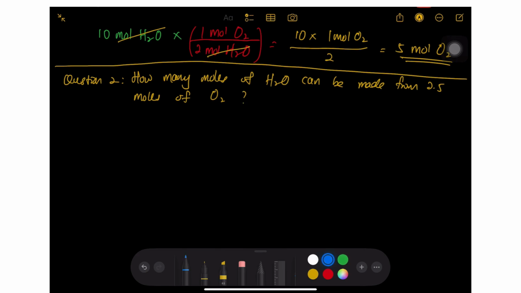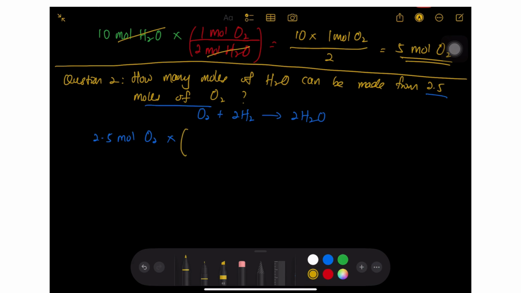So in this case, I will rewrite the balanced stoichiometric equation, which is O2 plus 2H2 become 2H2O. So the information that we have here is 2.5 mole of oxygen. So we write it down at the front. 2.5 mole of oxygen.